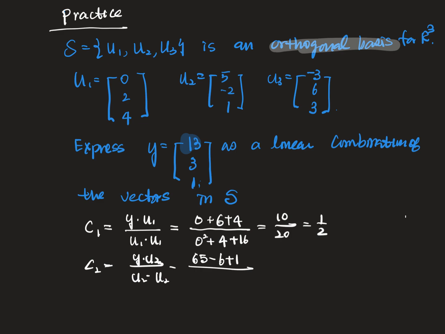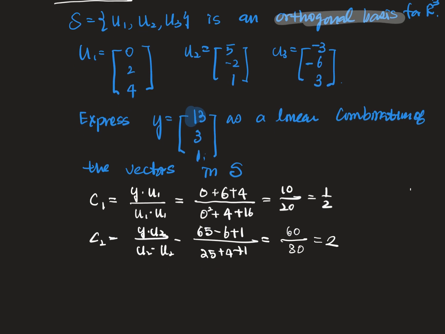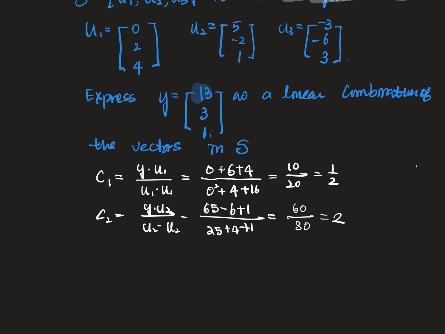The denominator is 25 plus 4 plus 1. That's 60 over 30, which is 2. Let's find C3. Here it's negative 3, guys, okay? Negative 6.